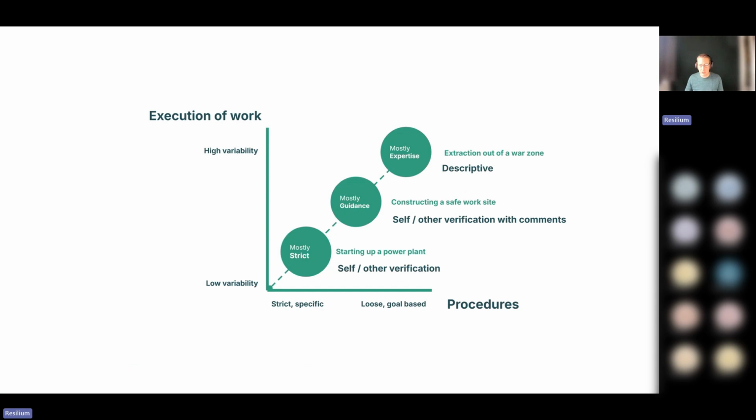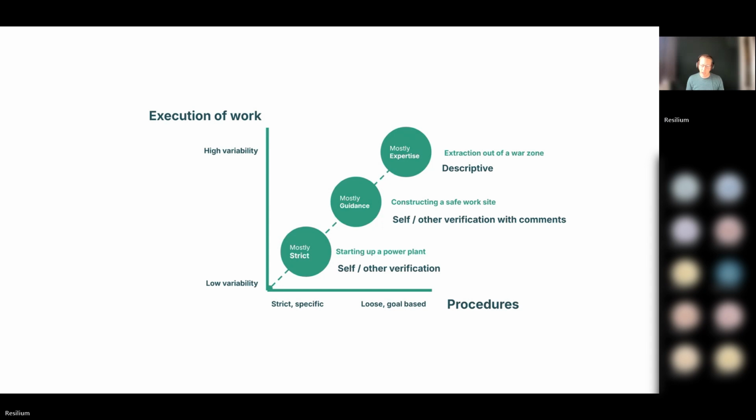If you look at this chart again and think about extraction out of a war zone, if I'm going to monitor how that was done, I cannot really make a standard checklist for that, because it's a different situation every time. So it needs to be more descriptive, almost like storytelling of what happened. And it's difficult to make a 5-point checklist out of that to monitor how it went.